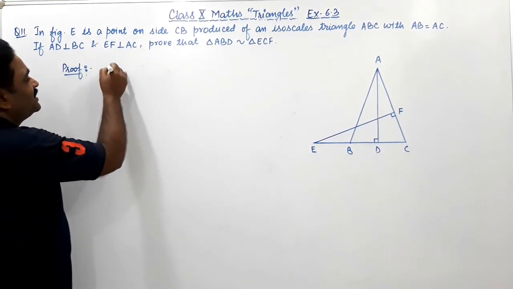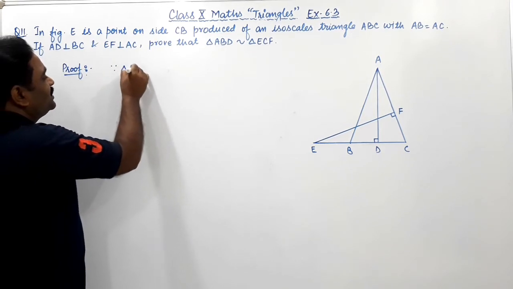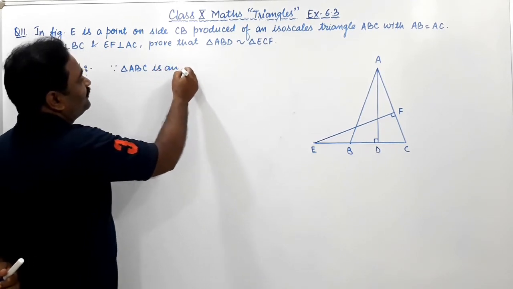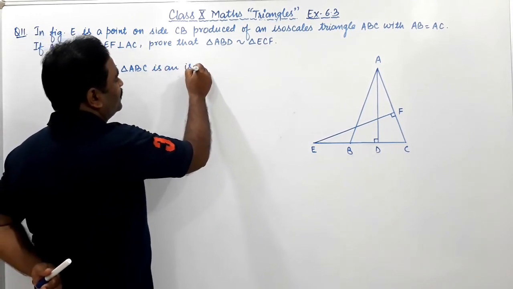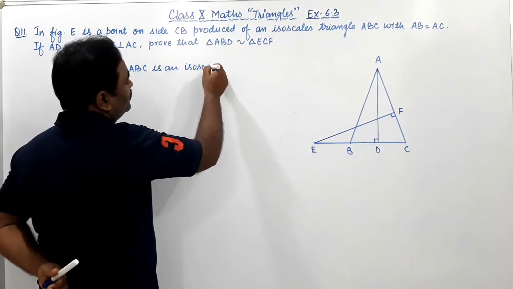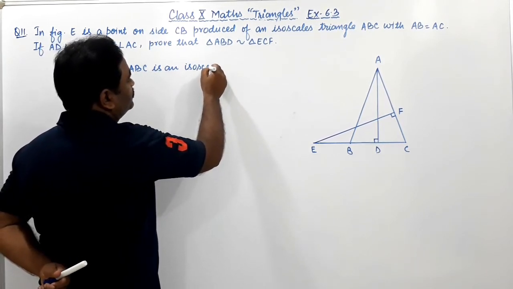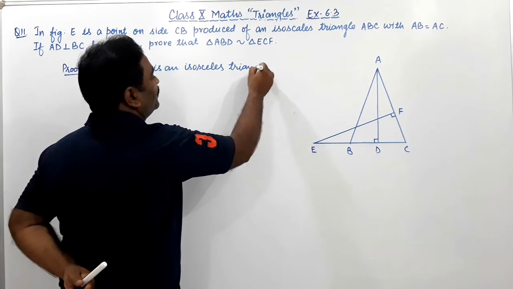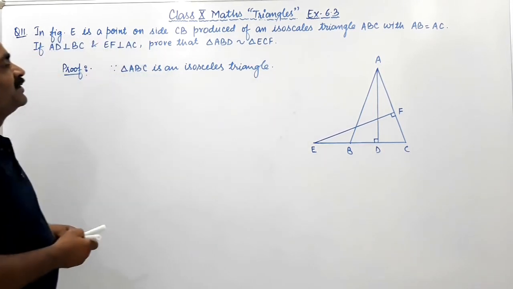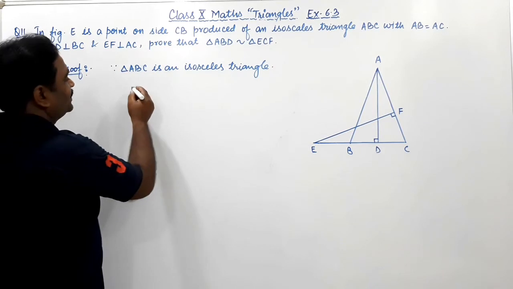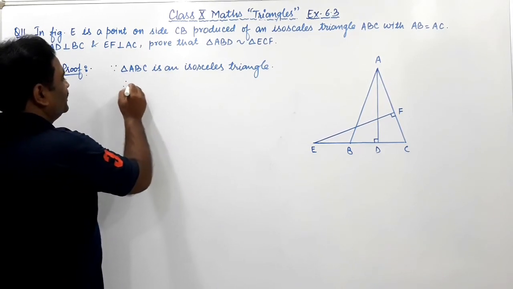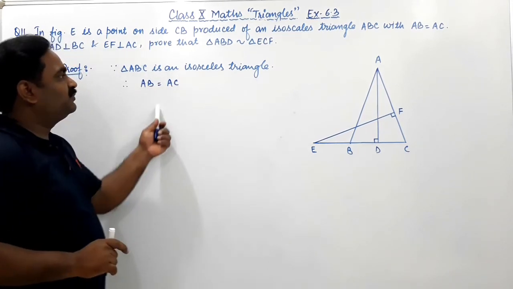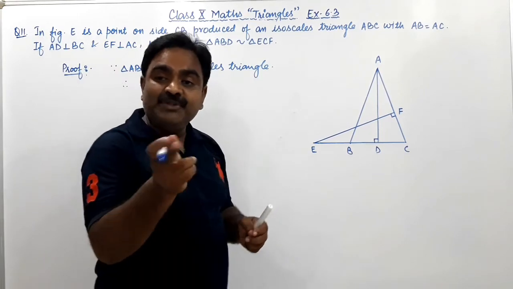Since it is given, since triangle ABC is an isosceles triangle with AB is equal to AC. If these two sides are equal of this triangle, so their opposite angles are equal.